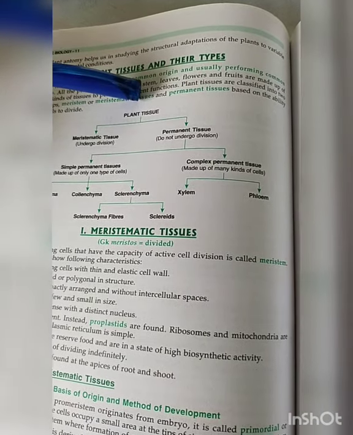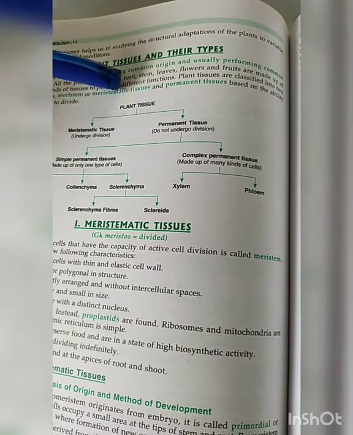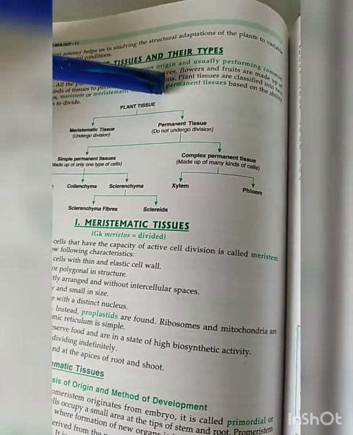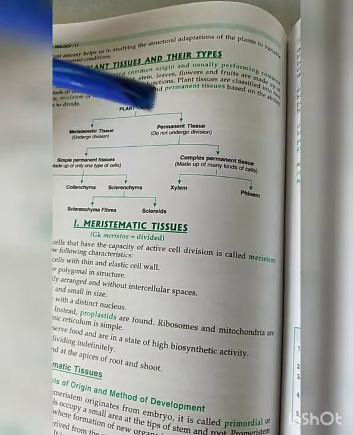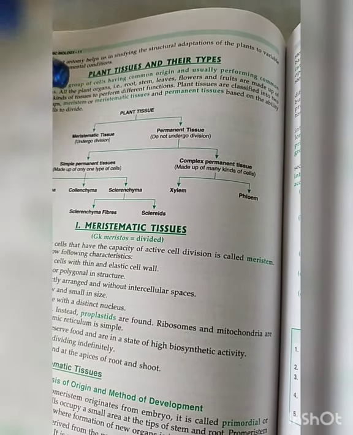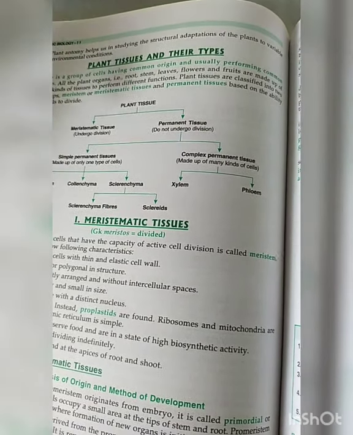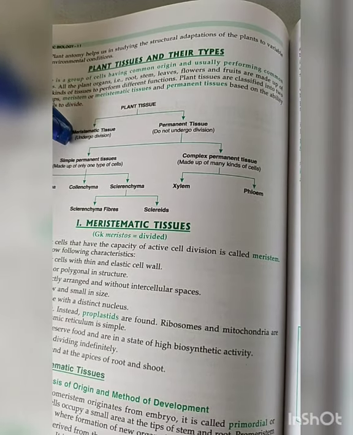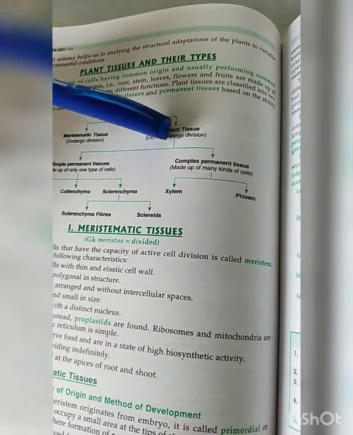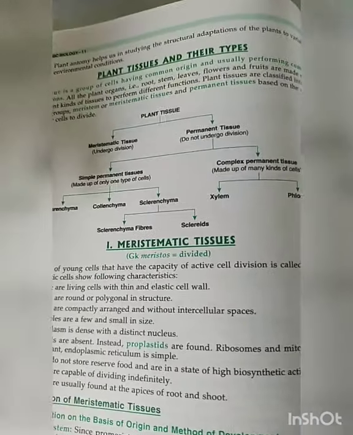This is plant tissue. Plant tissue means a group of plant cells. Plant tissue is divided into two parts, meristematic tissue and permanent tissue. Meristematic tissue undergoes division; permanent tissue does not undergo division.